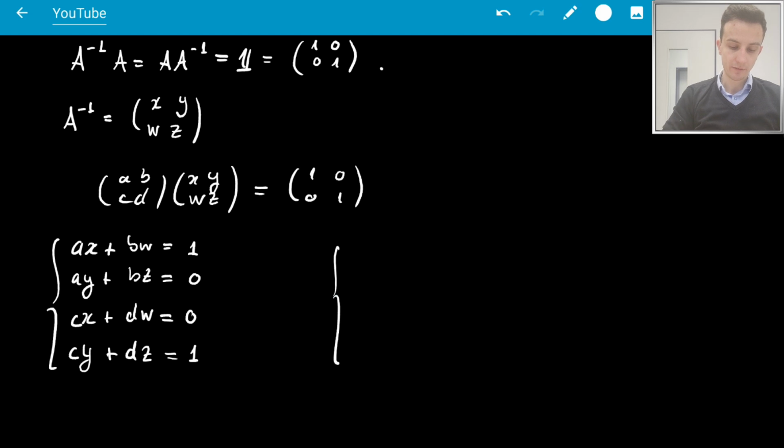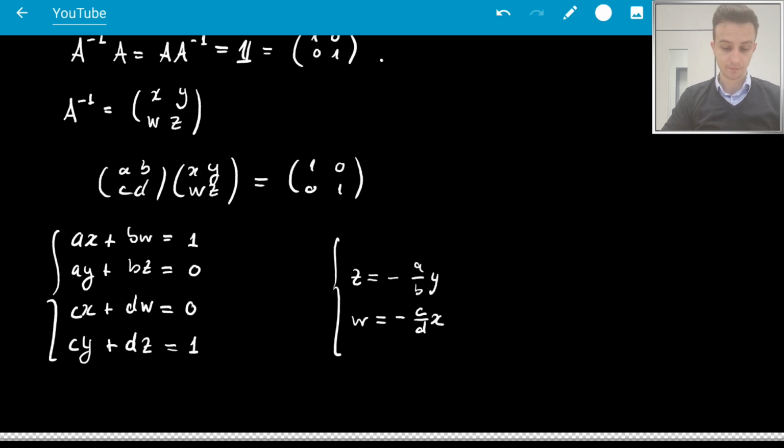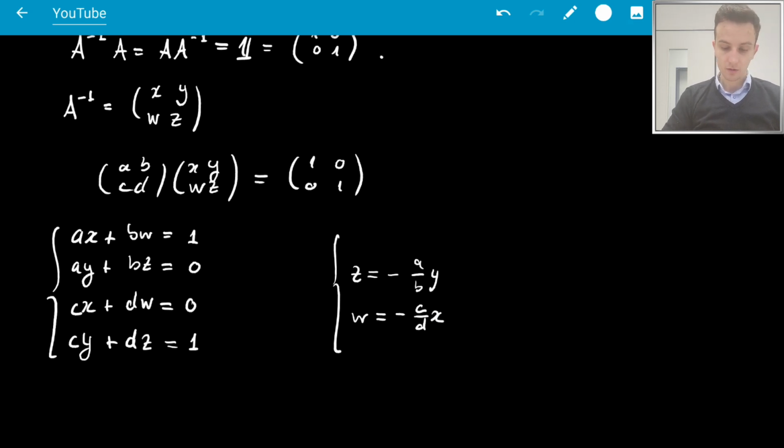Well, from the second two, we can solve for z and w, let's say. So z is minus a over b, y. And w is minus c over d, x. So now we plug those in.